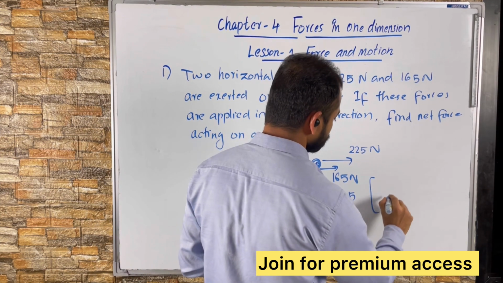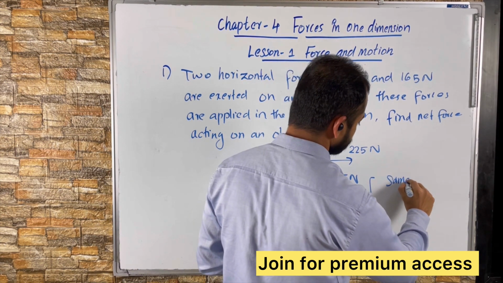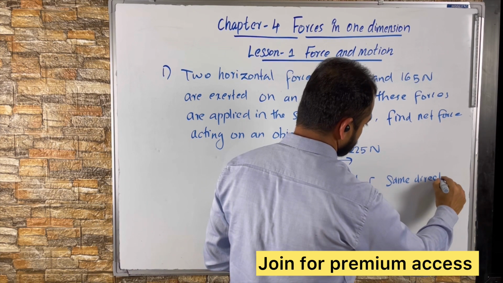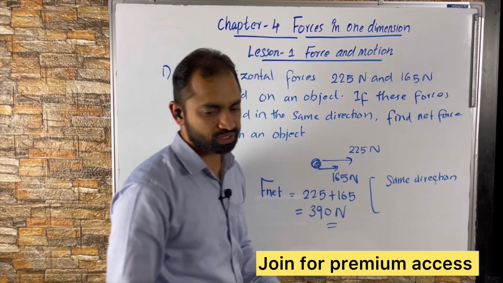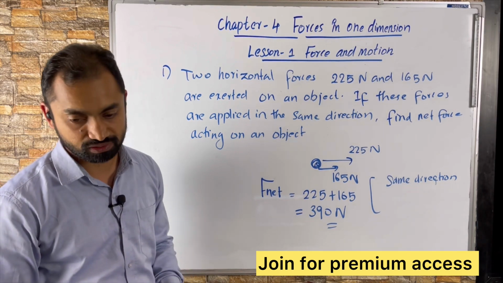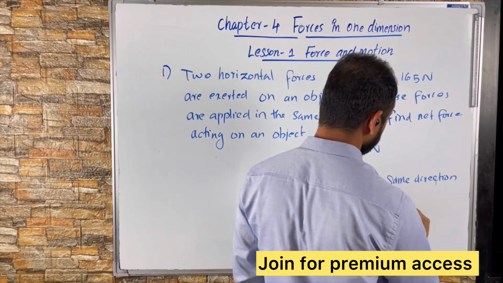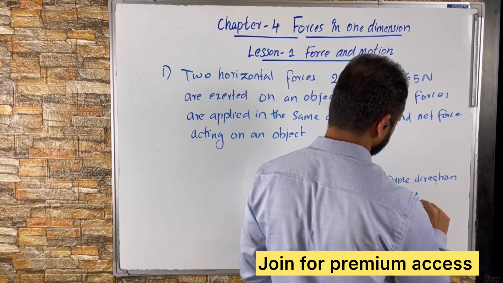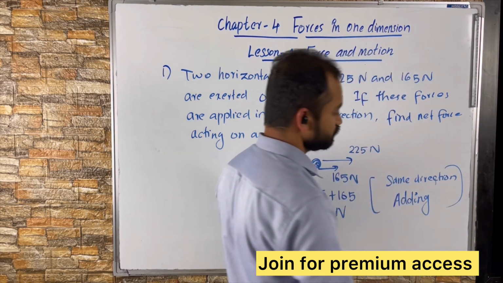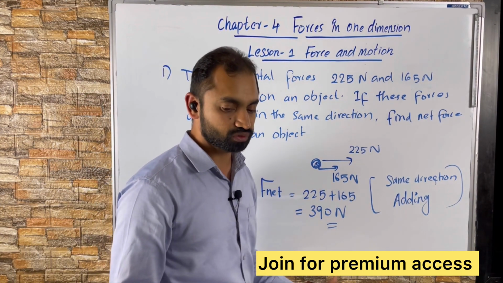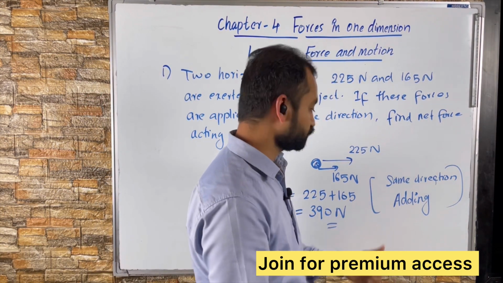Forces are in the same direction, so how to find the resultant? By adding. If forces are acting in the same direction, you can calculate the net force, also called resultant force, by adding the forces.